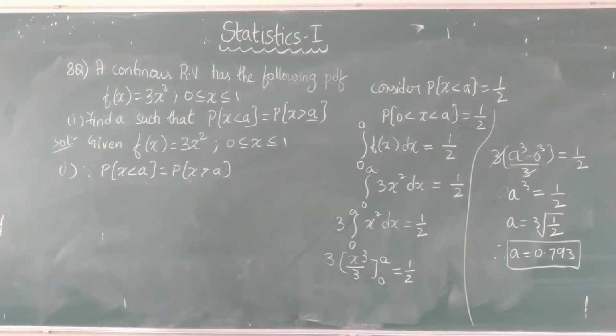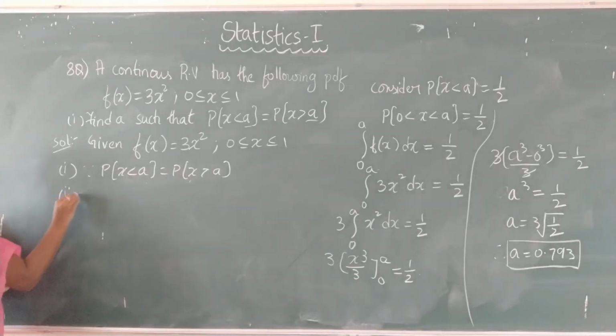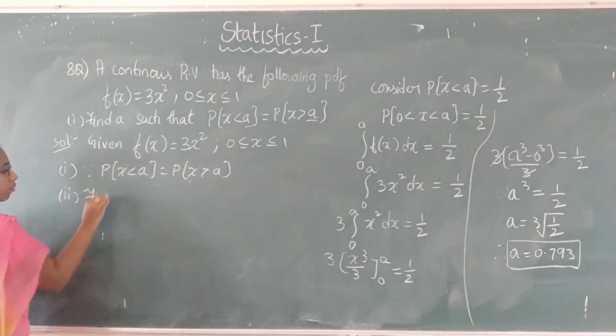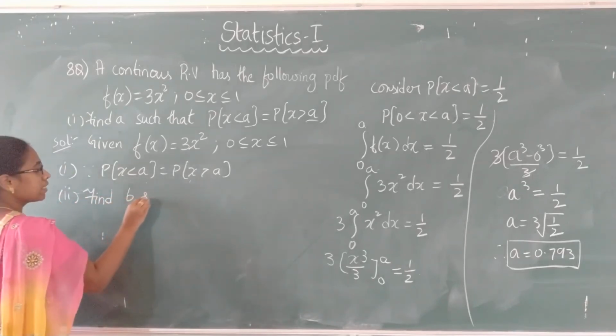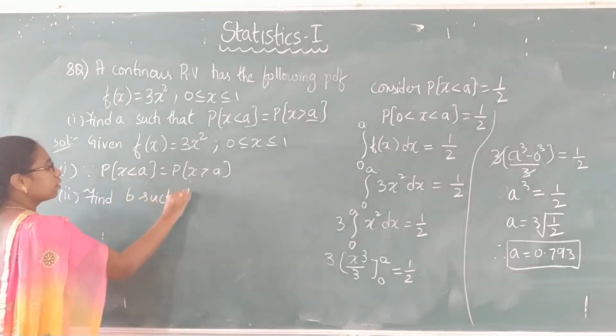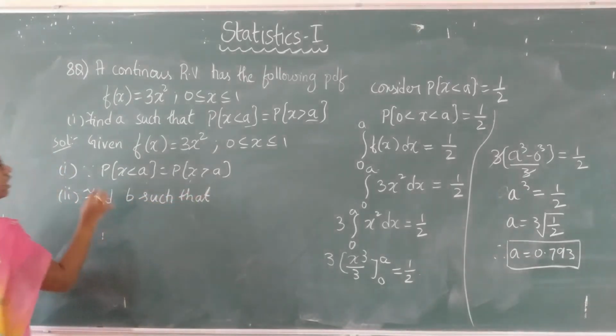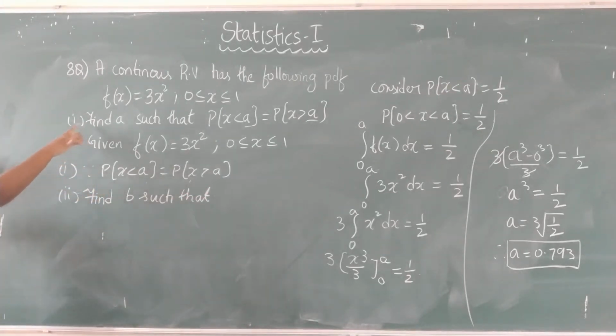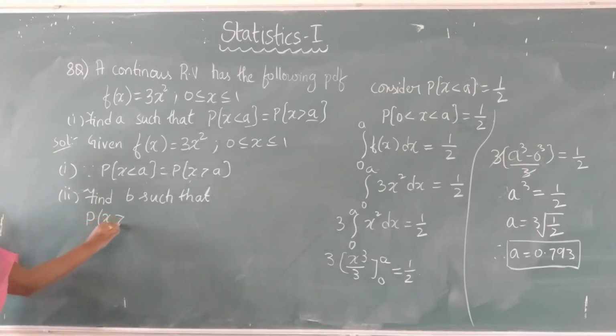Our second bit is find b such that, here they asked to find the a under one condition. Here we are finding b value such that p of x greater than b is equal to 0.05.